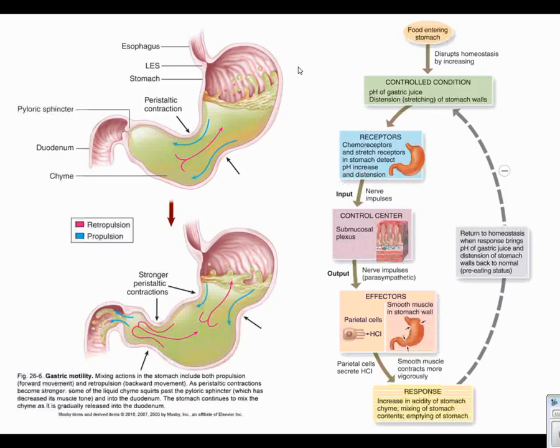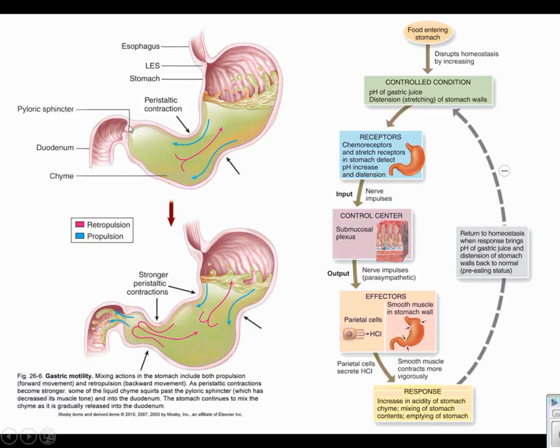Here's a picture to demonstrate what I'm talking about. Okay. The body of our stomach is right up in here. Here's the pylorus. Okay. What we're doing is forcing the stuff towards the end of our stomach.